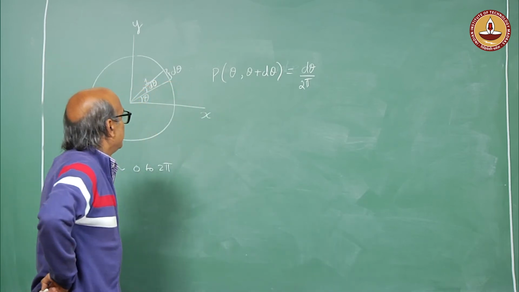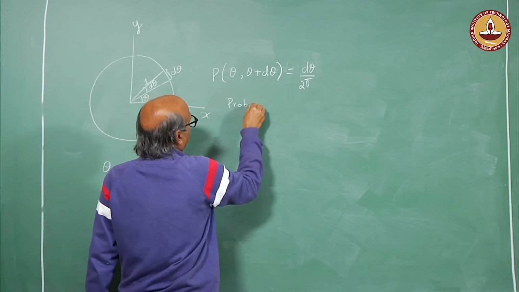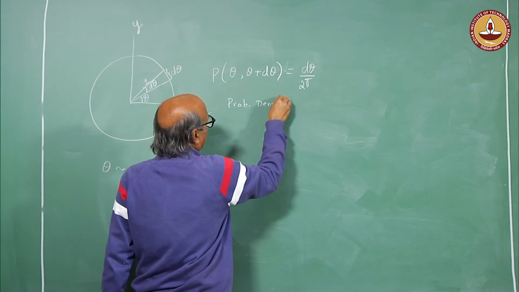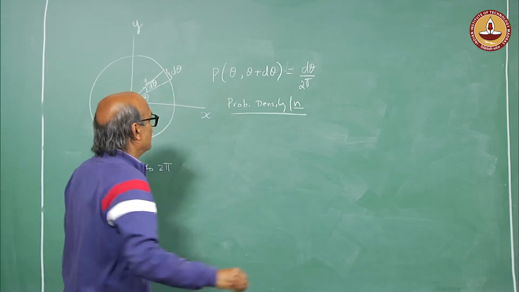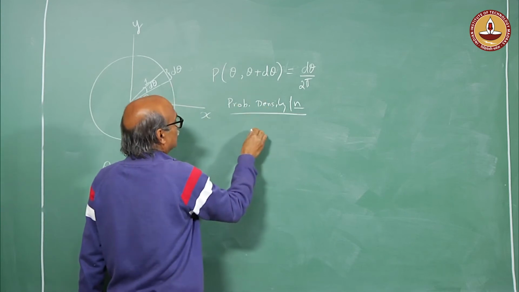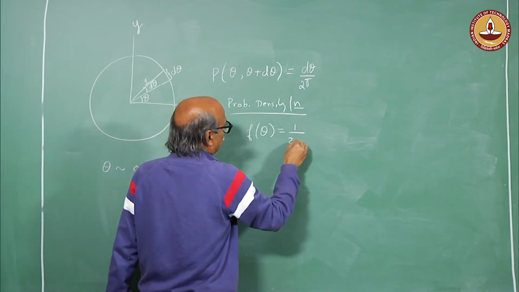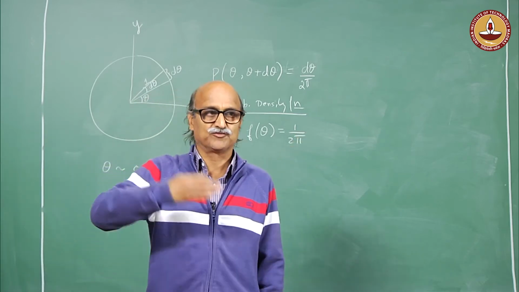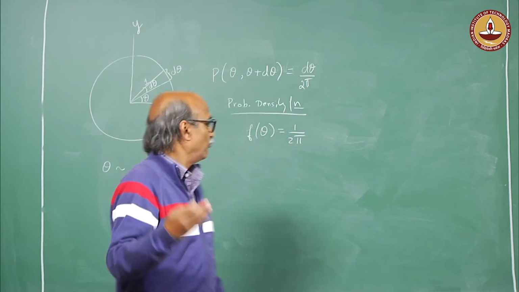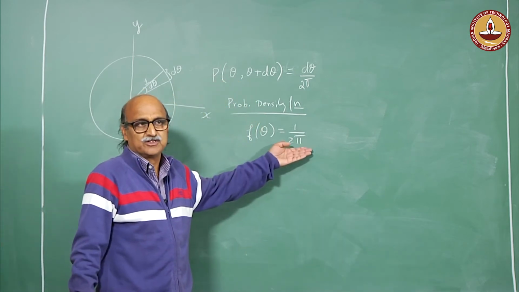which means now we can define the probability density function for these random orientations in 2-dimensional space as simply f theta is equal to 1 upon 2 pi, where theta varies from 0 to 2 pi. What kind of a function is this?